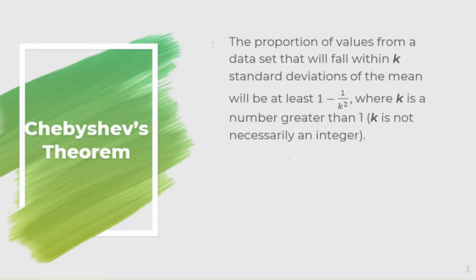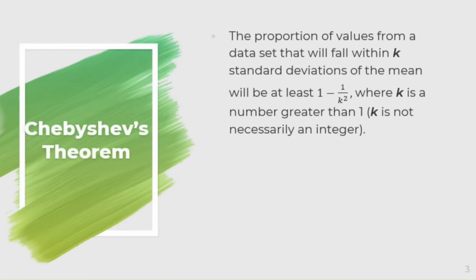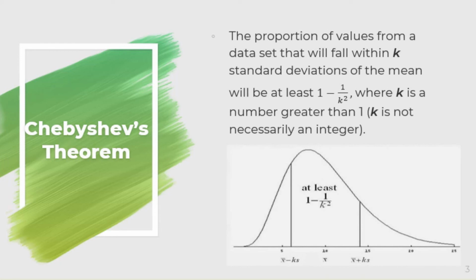Chebyshev's theorem: the proportion of values from a data set that will fall within k standard deviations of the mean will be at least 1 minus 1 over k squared, where k is a number greater than 1. K is not necessarily an integer. This is the illustration.